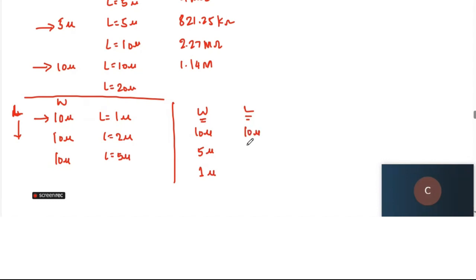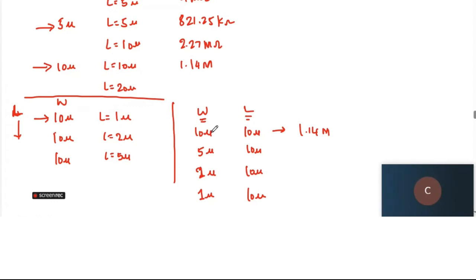Anyhow, this we know that. So maybe we'll have one more combination. This we have already figured out, which is 10 and 10. We get it as 1.14 mega. So let's try to do this one rather than this combination.